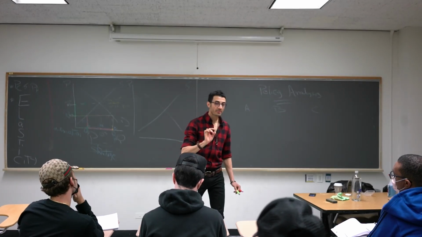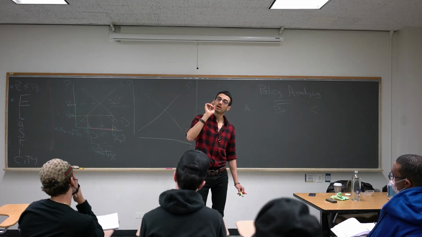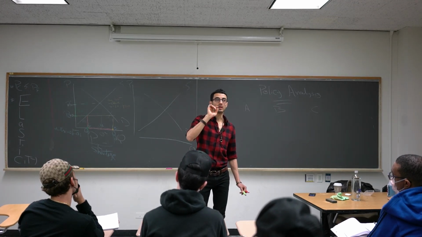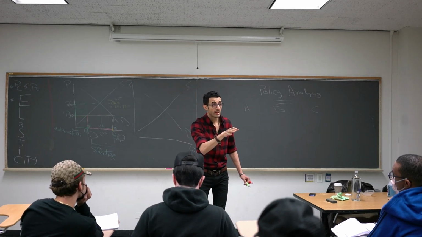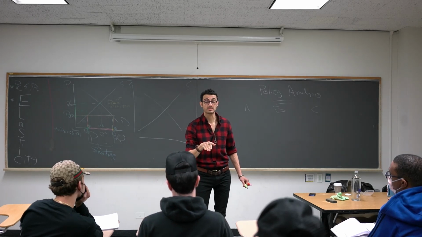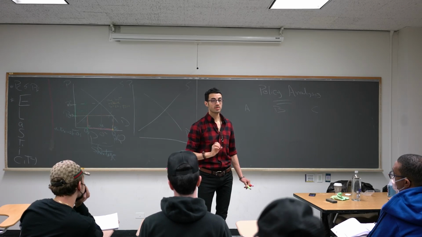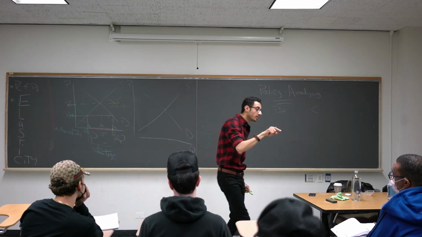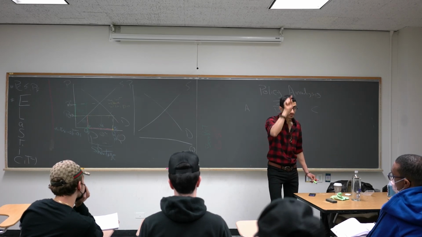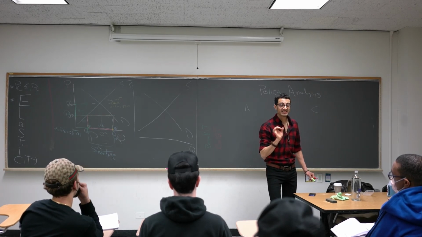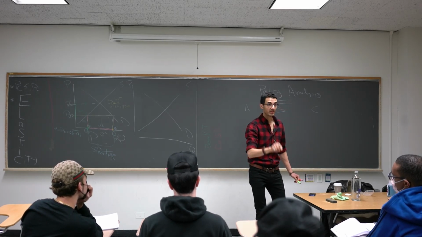So, the difference between total revenue and total cost, profit, right? This difference is maximized, profit is maximized when marginal revenue equals marginal cost. The difference between total benefit and total cost for the consumer, the utility, is maximized when the marginal benefit equals marginal cost.